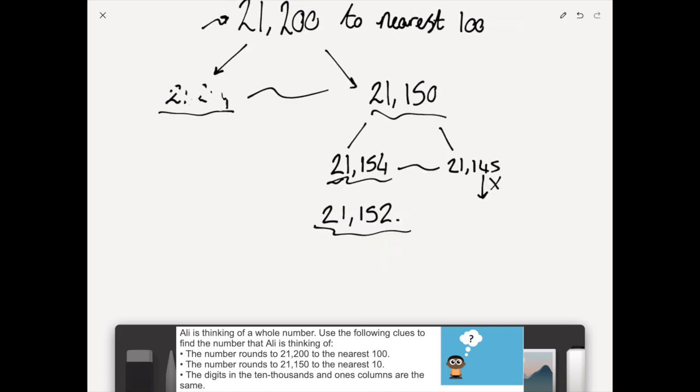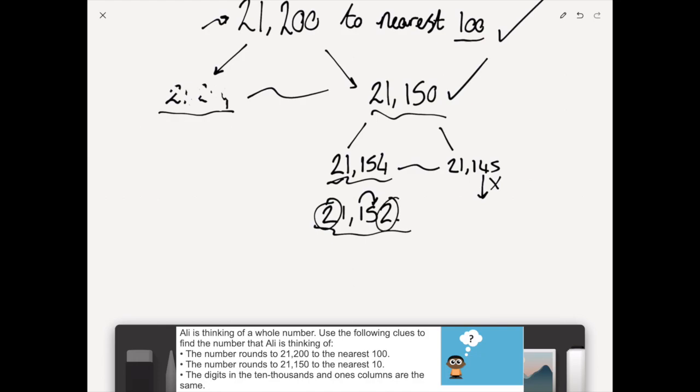Well, I think I've worked it out, but I'm just going to check. 21,152 rounded to the nearest 100. You'd take that column and look there. So that definitely works. So that's a tick. And rounded to the nearest 10 is 21,150 as well. So it matches everything that it should do. And then the final one, the digits in the 10,000s and the ones column are the same. That's my tens.